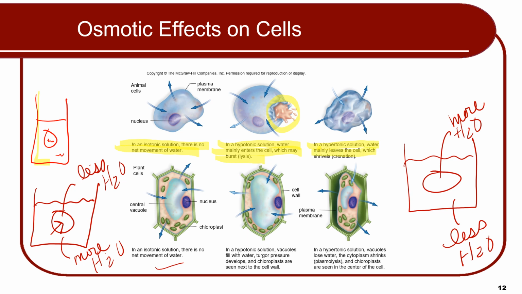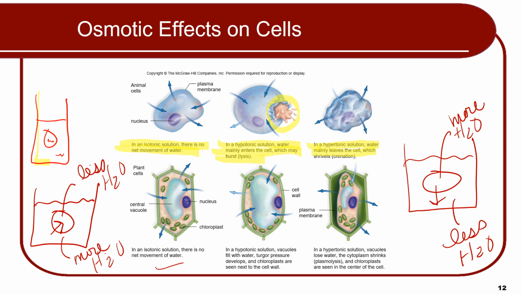If there's more water in the cell than outside, then the water will leave the cell and go out into the solution, and the cell is going to actually shrivel up. So hypertonic solution means not that there's more water, but there's more solute, so there's actually less water. That is what's confusing: the hyper part refers to the solute, not the water.